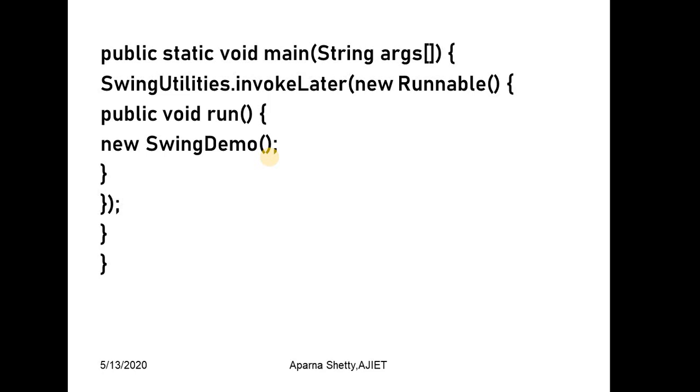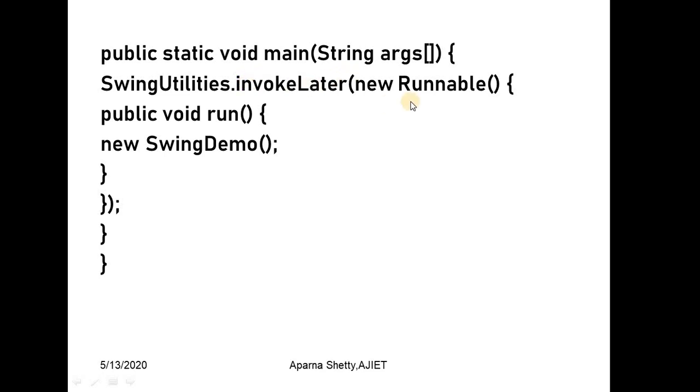We cannot run the GUI using only the main thread. In order to run the GUI, we need to create an event dispatching thread, and to do that we need to use the invokeLater method of SwingUtilities.